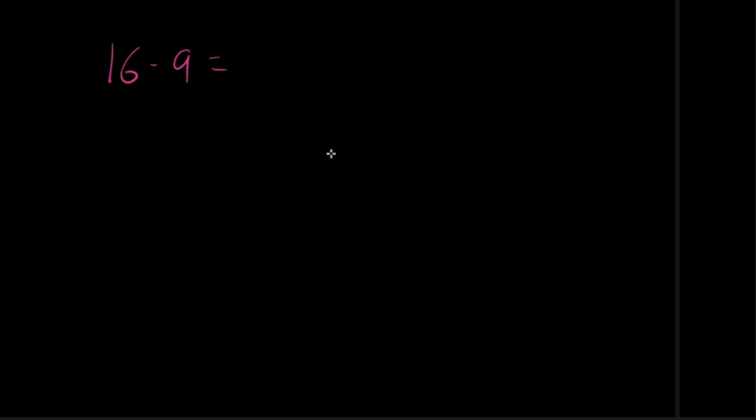We'll still use the number line, so 16, that's our highest number. Then we'll go from here. 15, 14, 13, 12, 11, 10, 9, 8, 7, 6, 5, and 4.